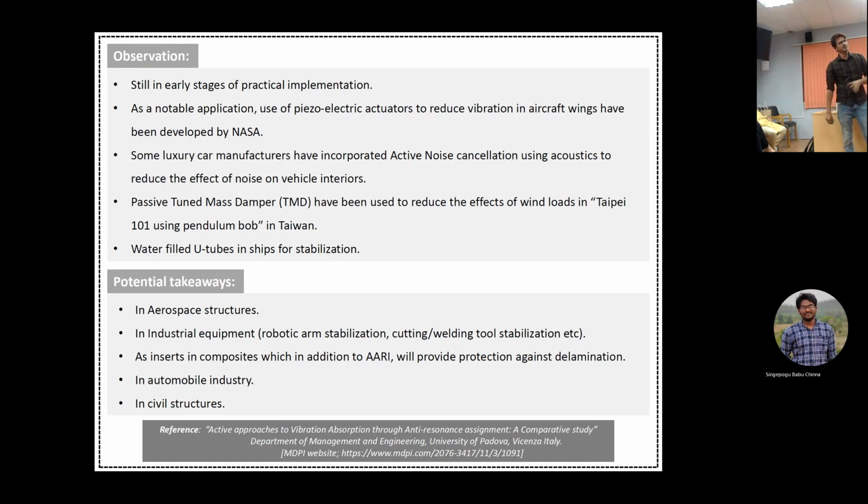These are tuned mass dampers. What we are trying to do is active, so there will be sensing and actuation in real time. In aerospace structures, of course, and the automobile industry, we can use it. In civil structures it's not very applicable, but that would be all.